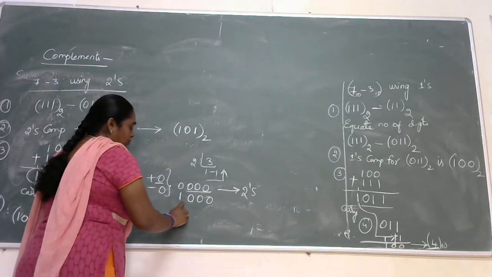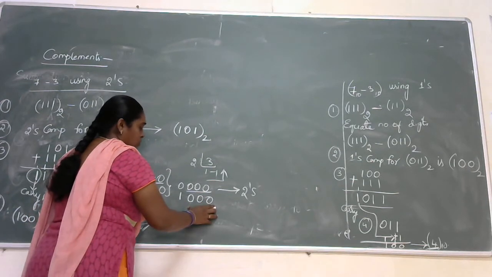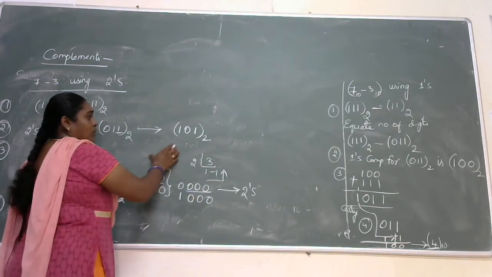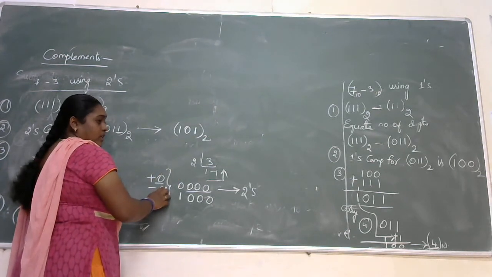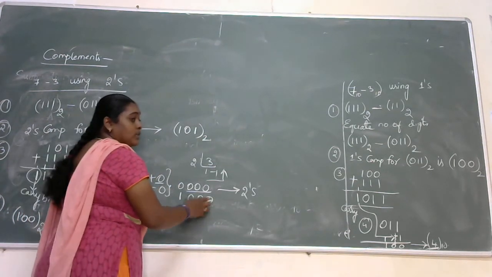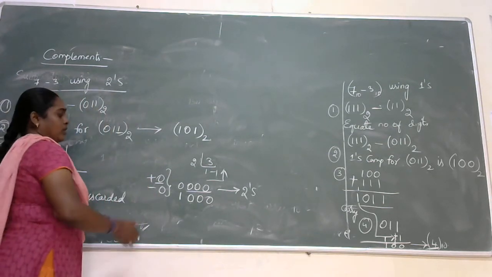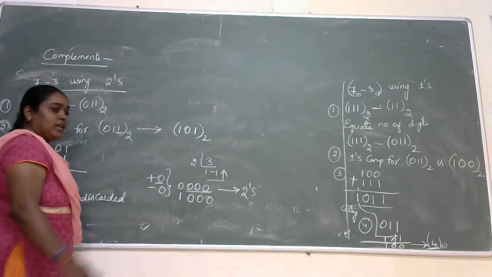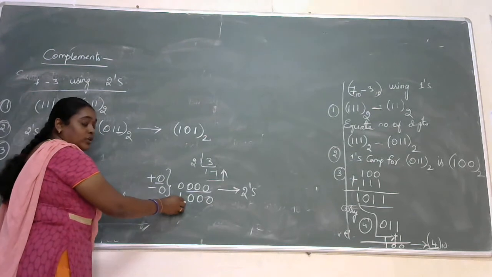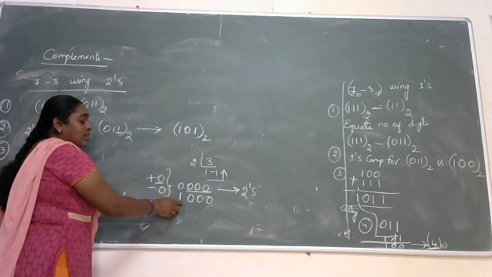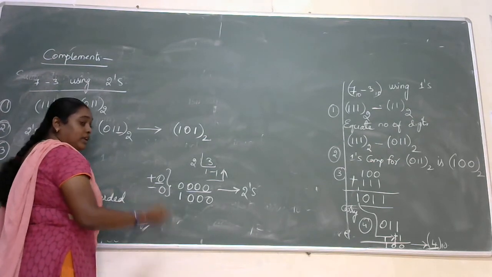So 1's complement, 2's complement and sign magnitude representation are used in order to represent only the negative numbers but not the positive numbers, because by default the positive numbers have the sign bit as 0. But whenever we come across a negative number, only for negative numbers we have a sign bit as 1. That is the reason we can represent negative numbers in 3 different notations.